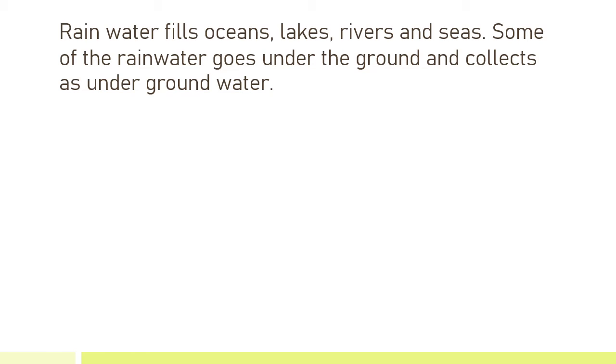All the oceans, lakes, rivers and seas you see on earth are created by rainwater. This is all rainwater. Now, some of the rainwater goes under the ground and collects as underground water.